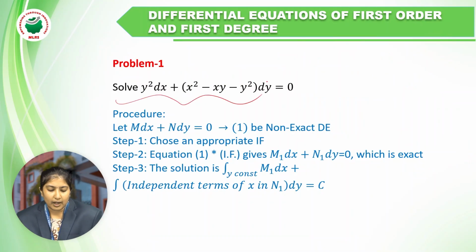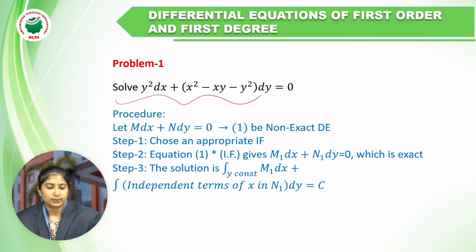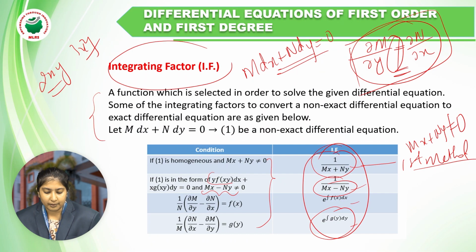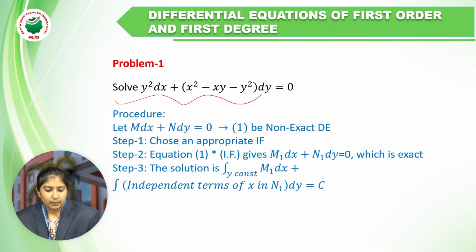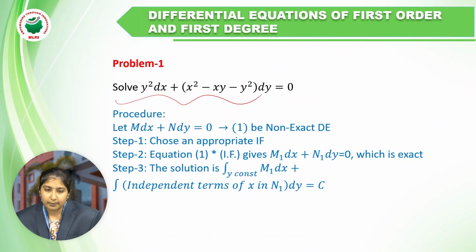Now how will I know which integrating factor among these is satisfying this variant? Suppose this is one student and these are four perfumes: rose, lemon, lavender and jasmine. Which perfume will he like? How will I know which perfume he will select, or which variant I should take? It depends upon his choice.